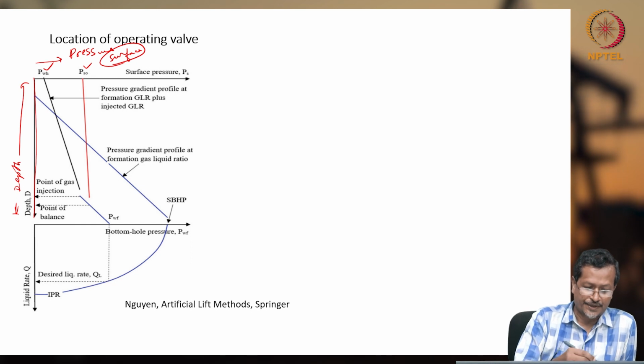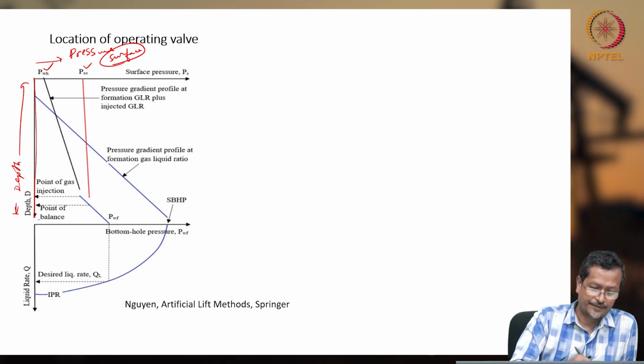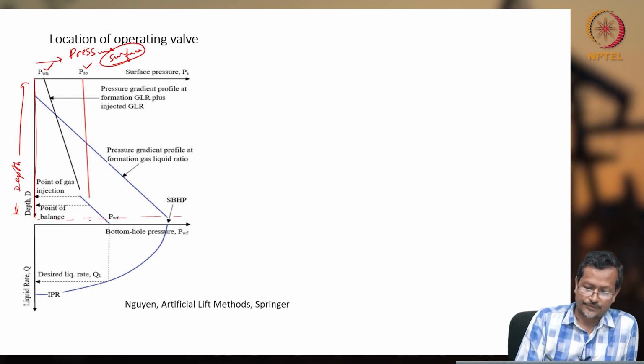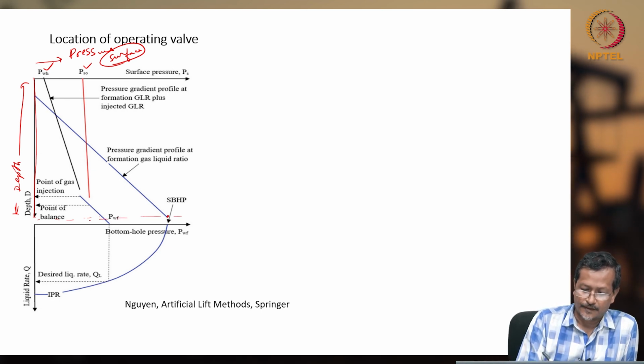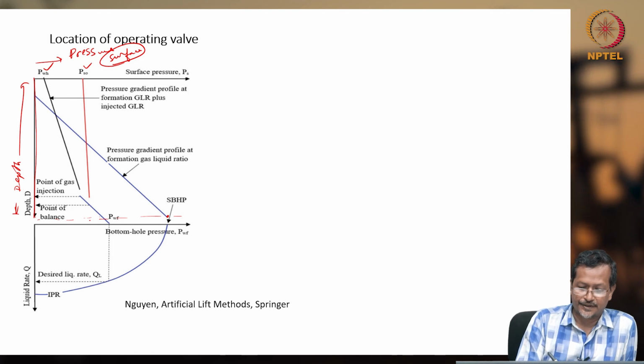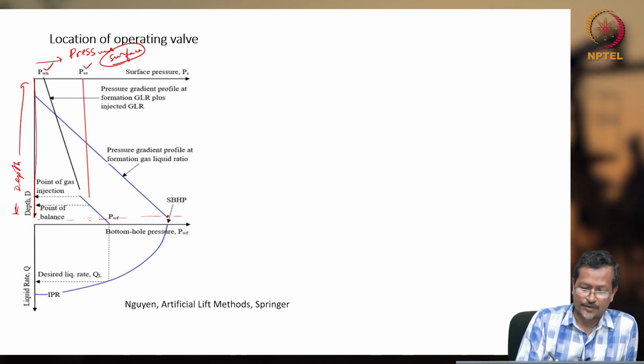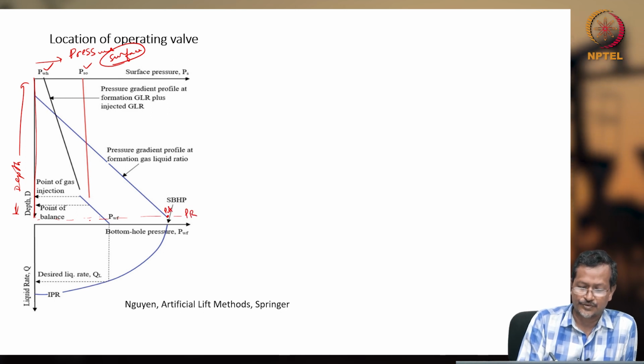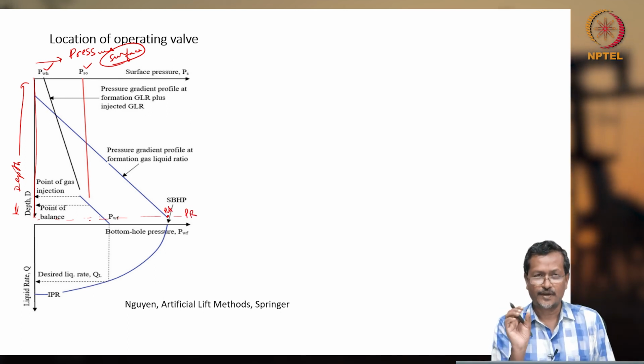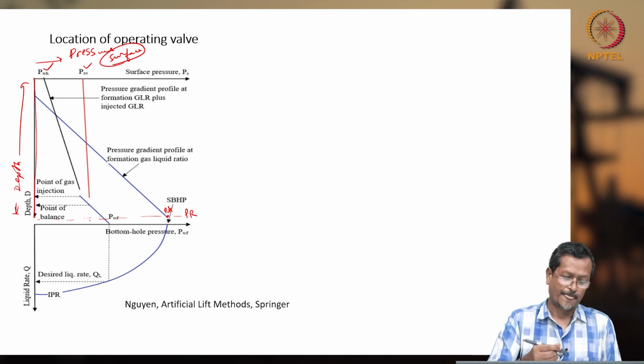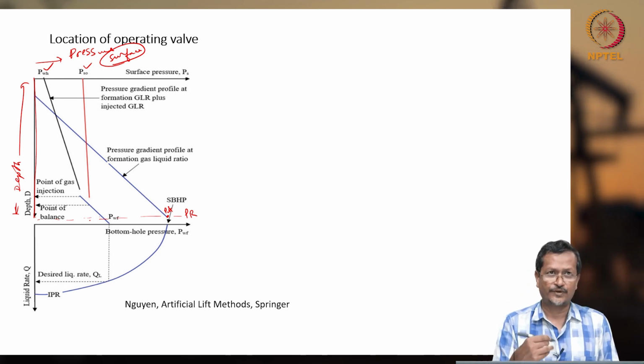And at the bottom side, if you see the wellbore here, initially let's assume your PWF is here and PR is here, so you have a small amount of drawdown, and because of that you are getting production, but that is not sufficient to lift the fluid up to the surface.